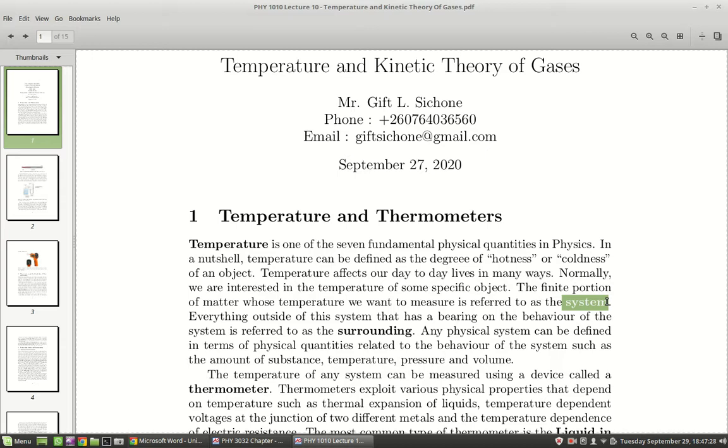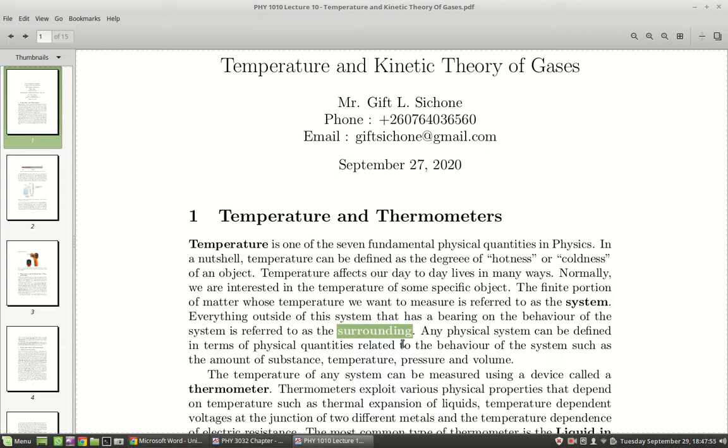Anything outside the system, outside this particular object you're interested in, which has an effect on the behavior of this particular object, that is what we refer to as the surrounding or the environment. So the surrounding or the environment has an effect on what the system does.